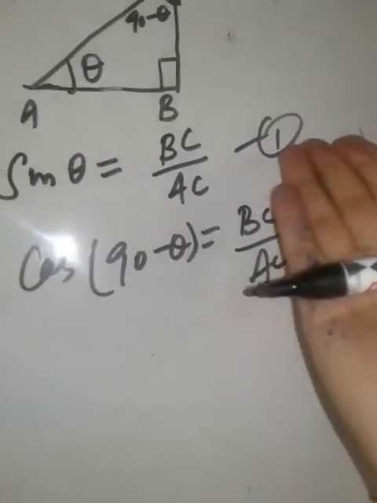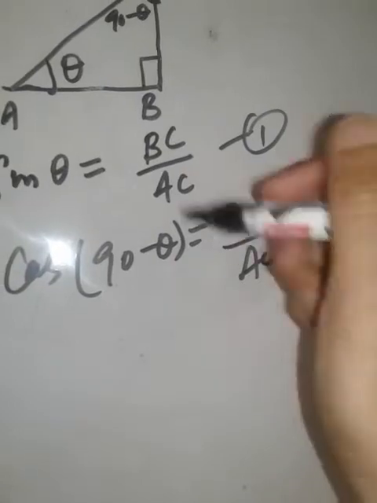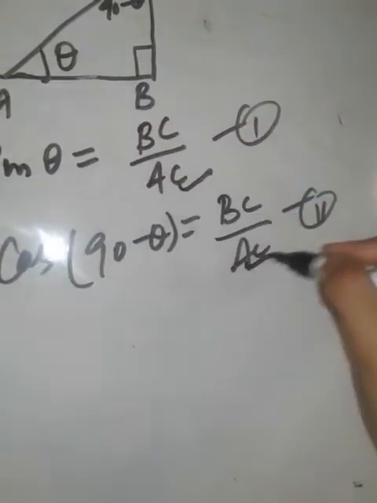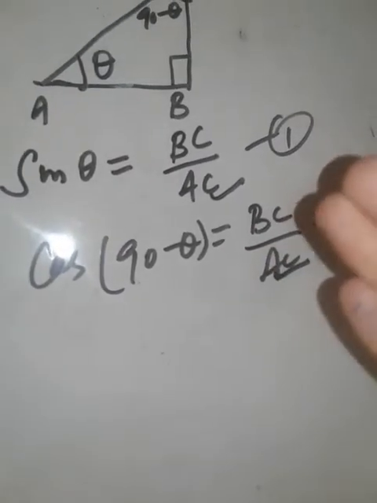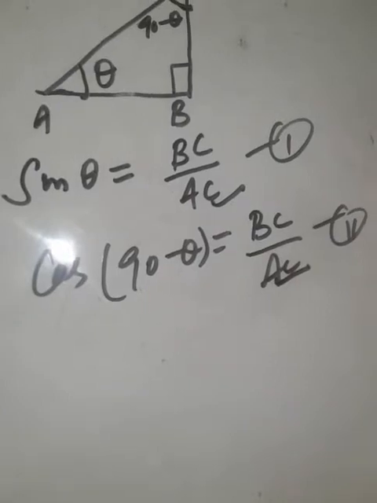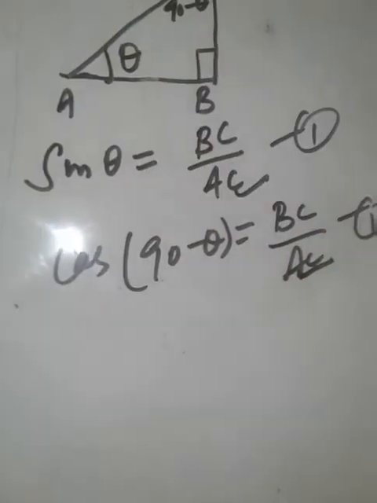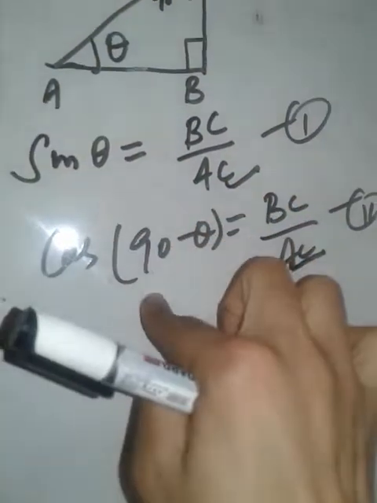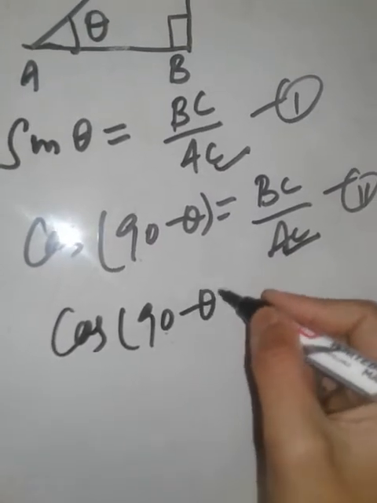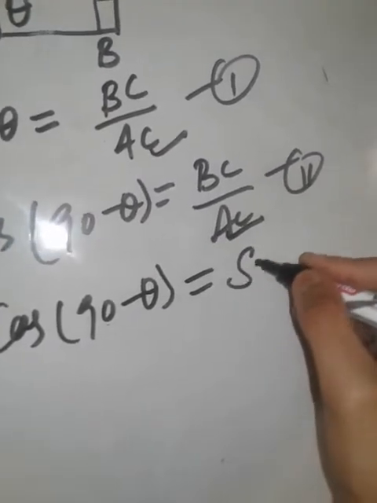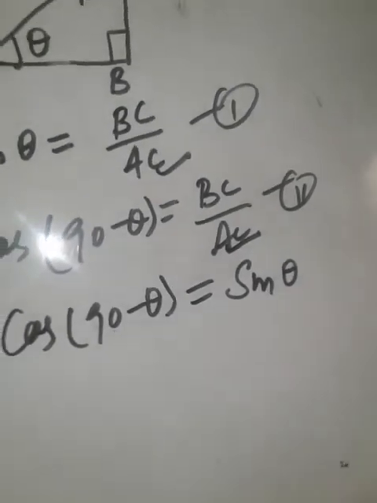So clearly from first and second, as this is BC by AC and this is BC by AC, their LHS must be equal. If two different quantities have equal RHS, their LHS are also equal. So from first and second we get cos 90 minus theta equals sin theta.